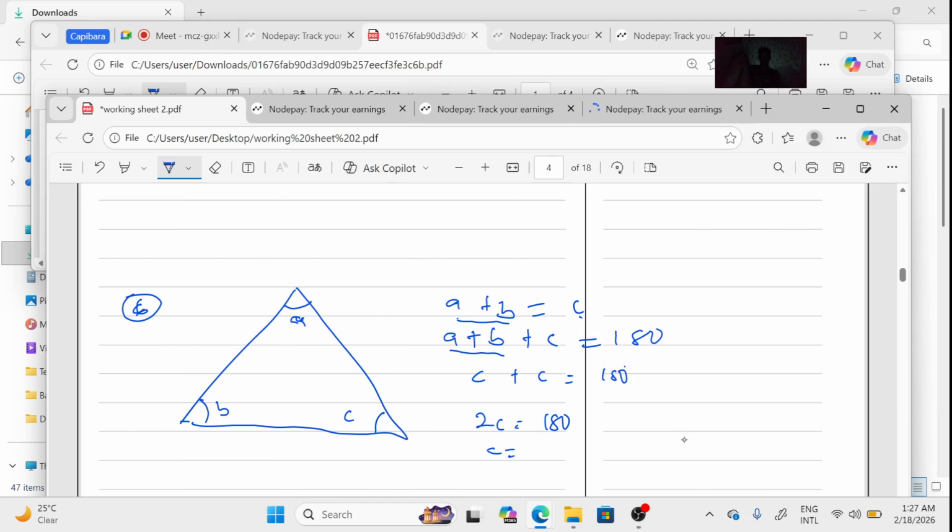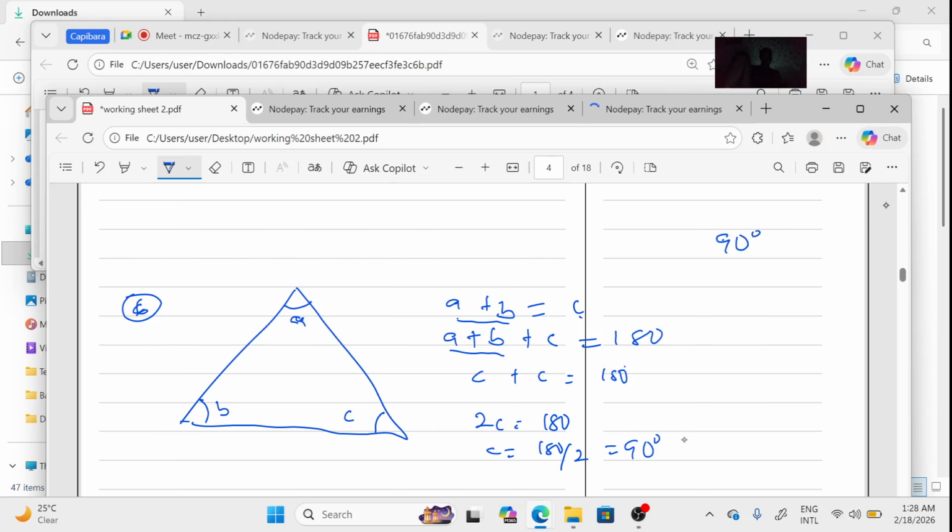Then your C should be equal to 180 divided by 2, which is 90 degrees. Do you get that? So I'm having C to be 90 degrees.